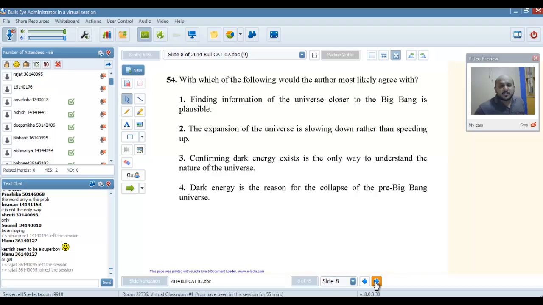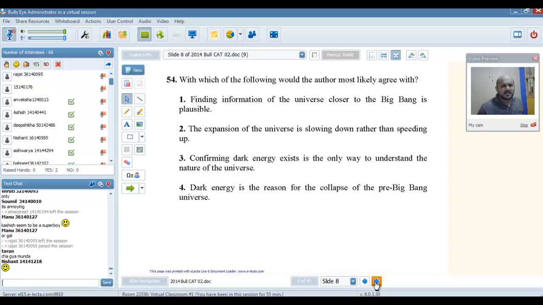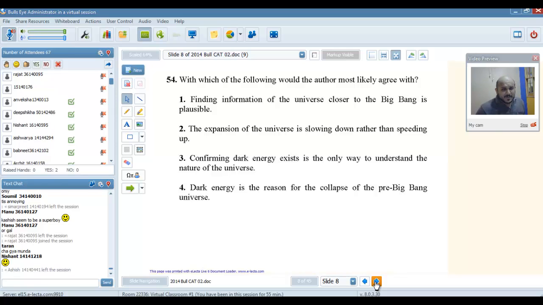Finding information of the universe closer to the Big Bang is plausible. Guys, you've got to get a sense of something very, very subtle which is happening here. There is going to be a mix of Hindi and English from now onwards for explaining questions.